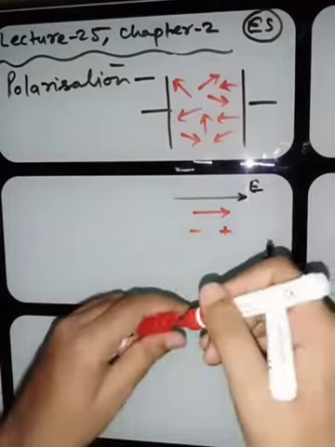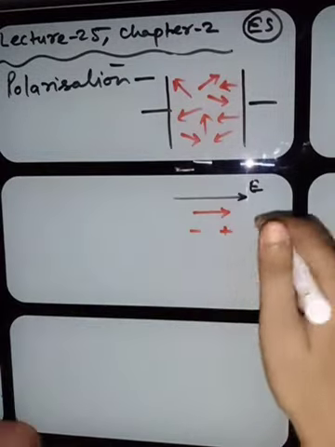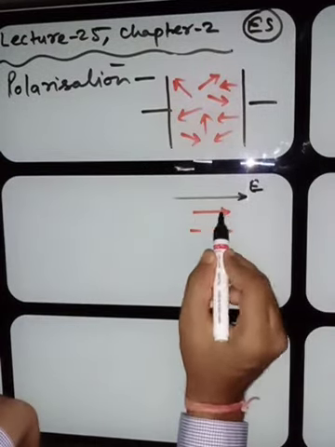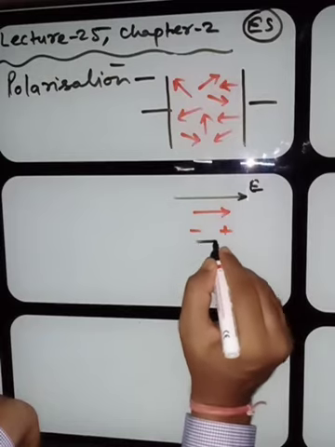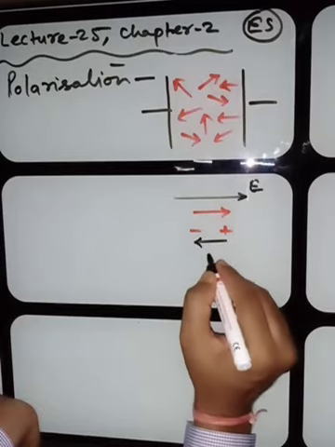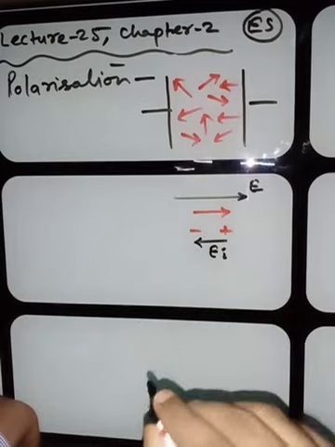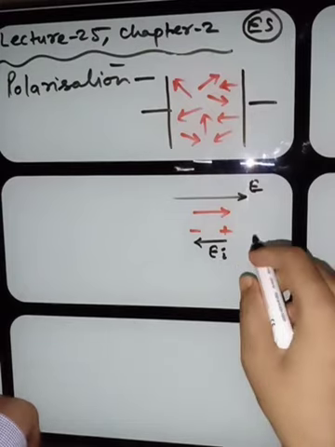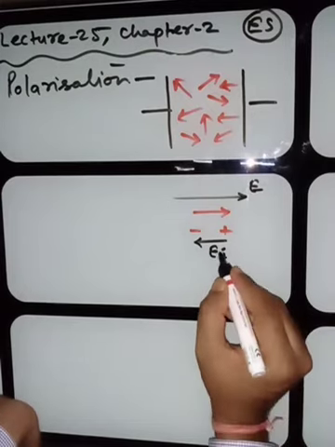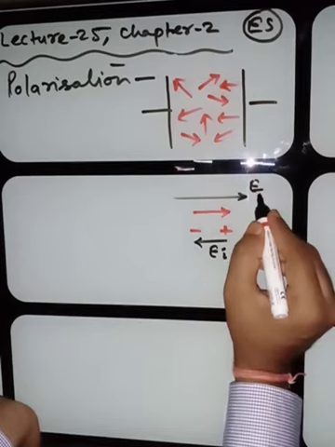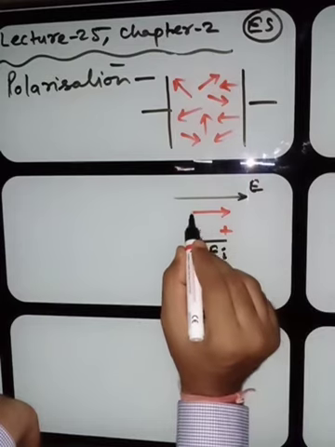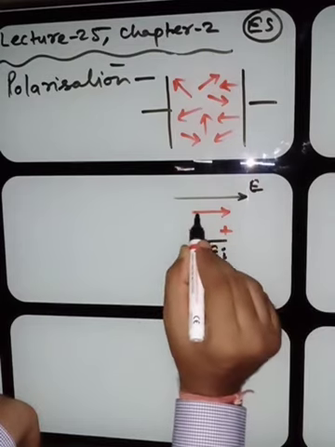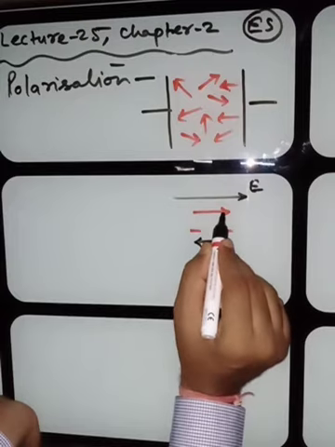If this is the direction of dipole moment, if the dipole is aligned in this direction, then what will happen? The direction of induced electric field, E induced, is in this way. As we know, the induced electric field will be opposite to the applied electric field. It means the dipole will align in the direction of the applied electric field.